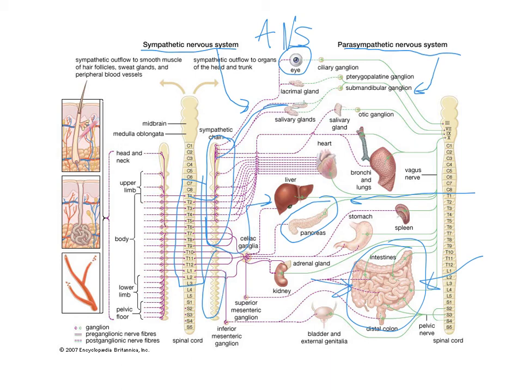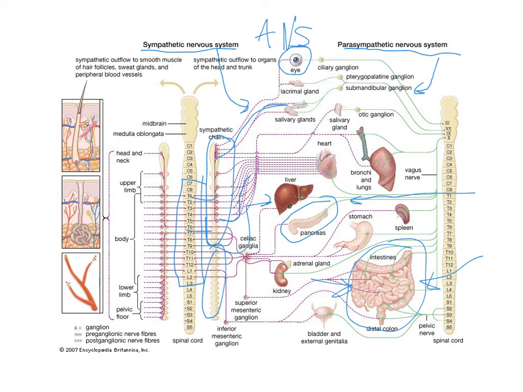So we have a sympathetic chain ganglion, and neurons come out, synapse right there. So we have a preganglionic neuron coming out of the spine, and then the postganglionic neuron coming out from the ganglion. Contrast that with the parasympathetic nervous system, where we do have a ganglion, but it's closer to or within the target organ.